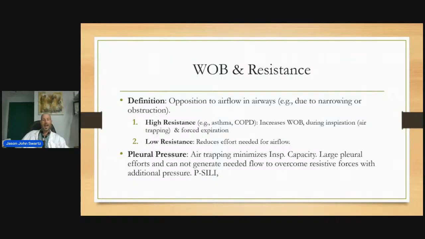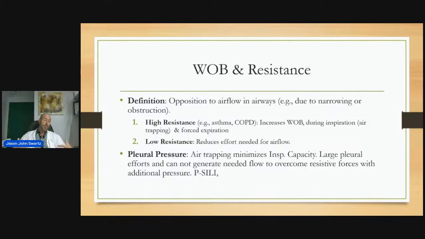So when you get the asthma and COPDs, they have the increased work of breathing during inspiration. First of all, because they have the air trapping. So now they can barely, and you have the flattening, right, on the x-rays of the diaphragm. So you don't have the capacity to generate the appropriate gradient to have air flowing in and out.